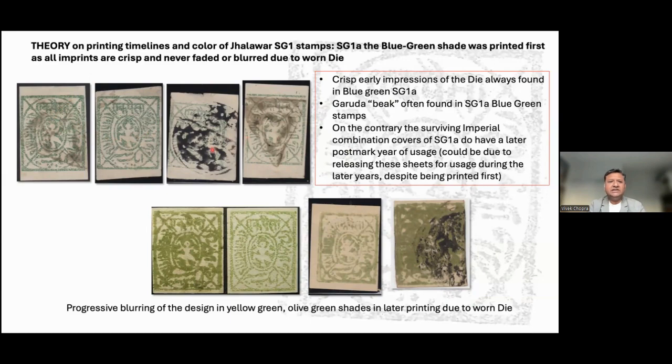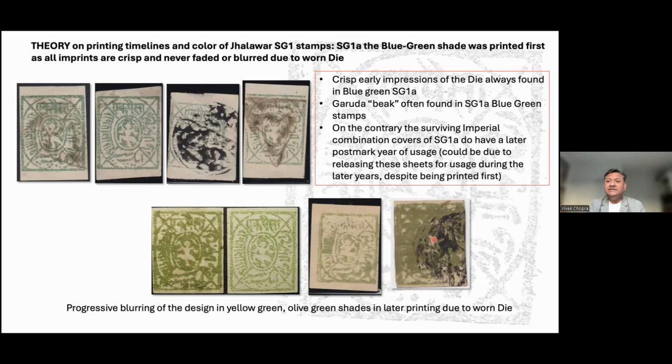And you can also see the beak once in a while in the stamps. But as time progressed, you can see that the design was even broken, or super blurred by the end of the life of the die, right?